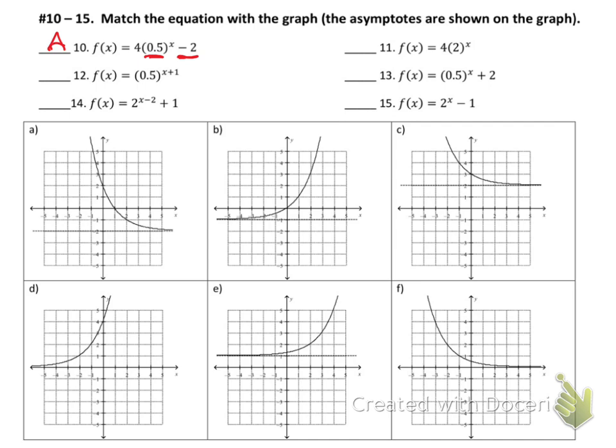It's a reflection. Nope. 11. 4 times 2 to the x. What is A? What number is it? 4. It's a 4. What is A also? The anchor point. The anchor point. What is the only graph on here with an anchor point of 4? D.